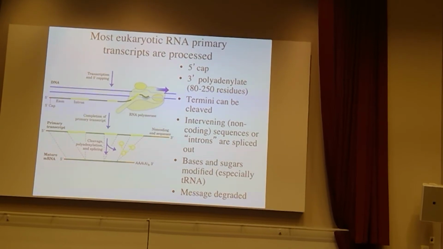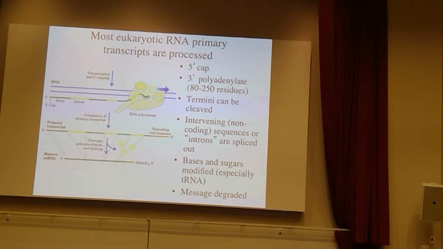So here are the overall descriptions of the sorts of modifications that are made to RNA to process a primary transcript into the mature product. A 5' cap is put on, a 3' polyadenylate region is put on. The termini can be removed. Sometimes there's non-coding sequences at the end in advance of the polyadenylate.